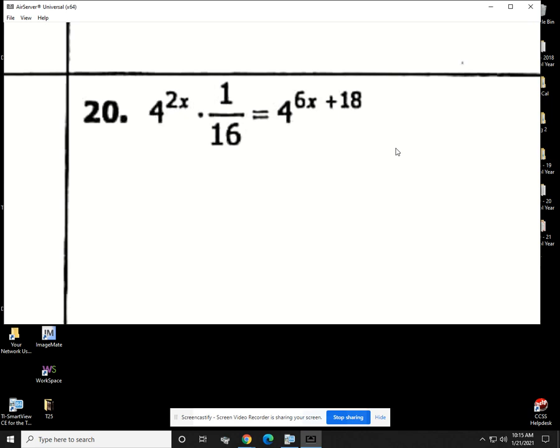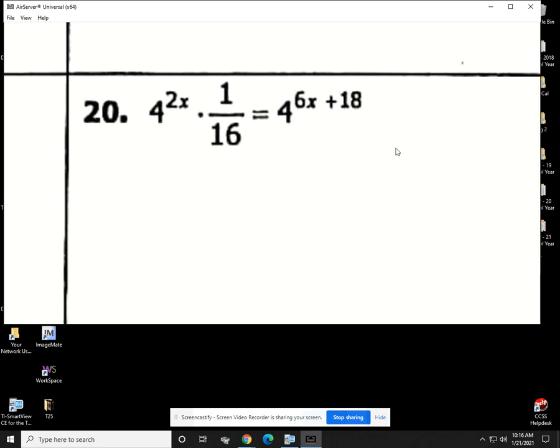But since this is a fraction, it won't be 4 squared, it'll be 4 to the negative 2. Okay? So again, the base is clearly 4. You know that 4 squared gets 16, so 4 to the negative 2 would have gotten you that 1 over 16. So for here, use 4 to the negative 2.